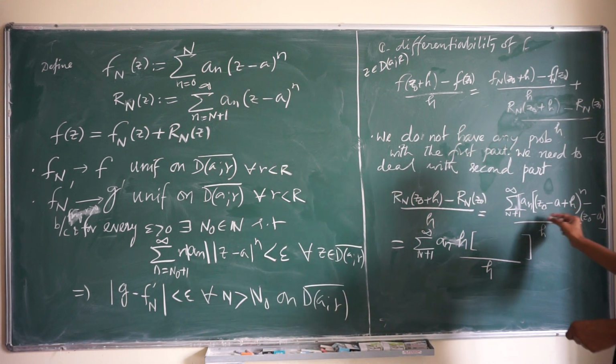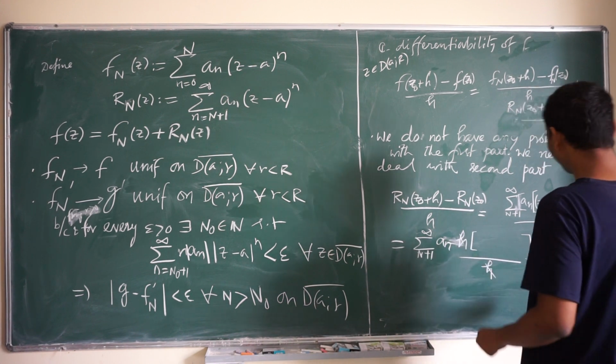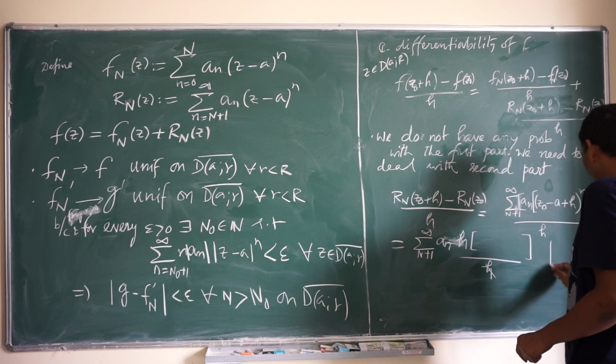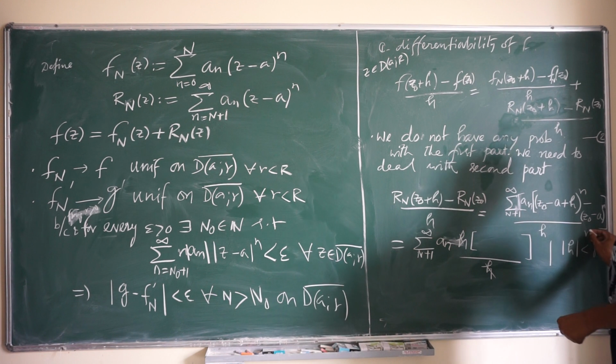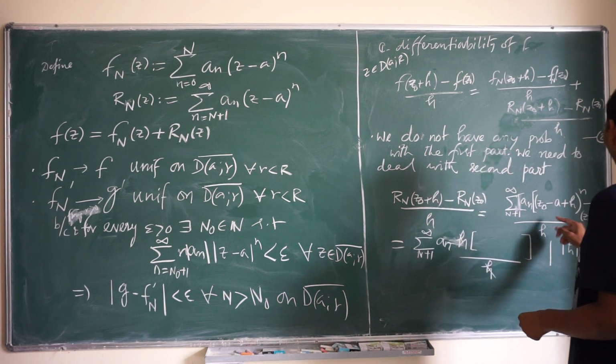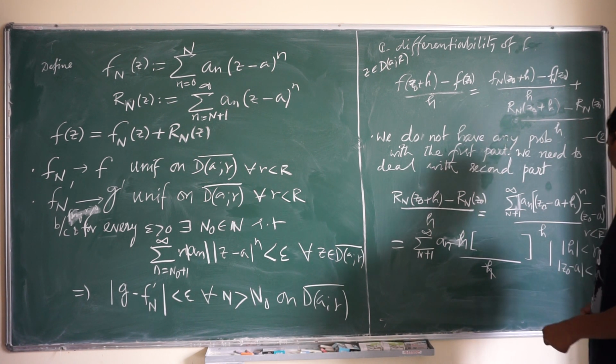The mod of h is less than r, so the h gets cancelled. We have the following: mod of h is also less than small r, taking r to be less than capital R, and this z0 minus a is also less than r.